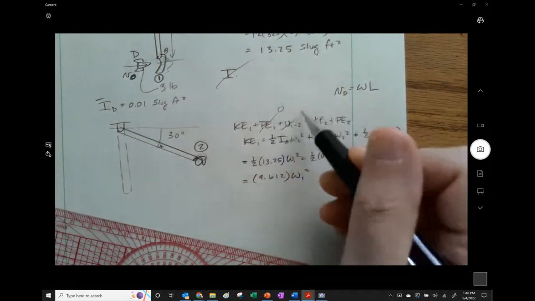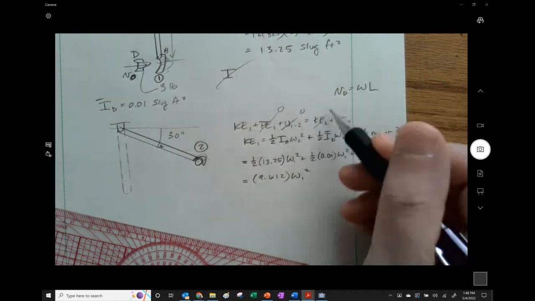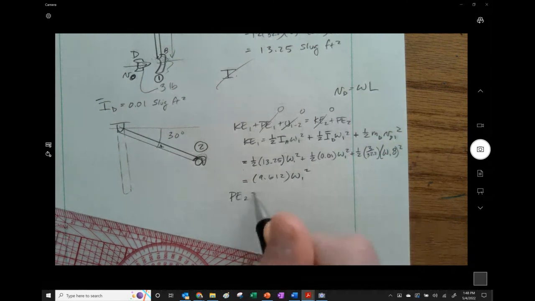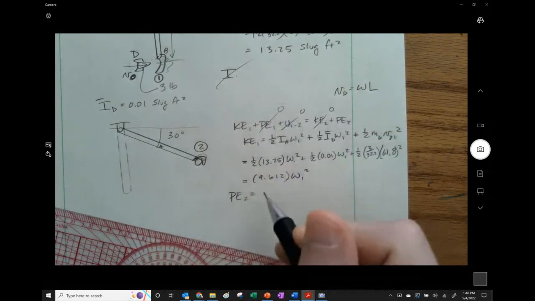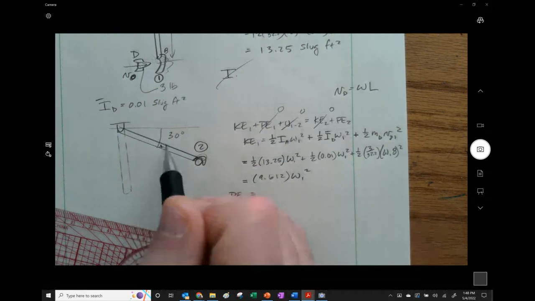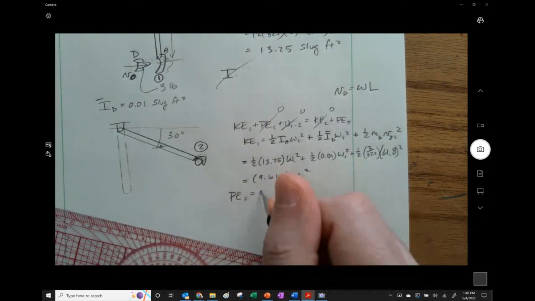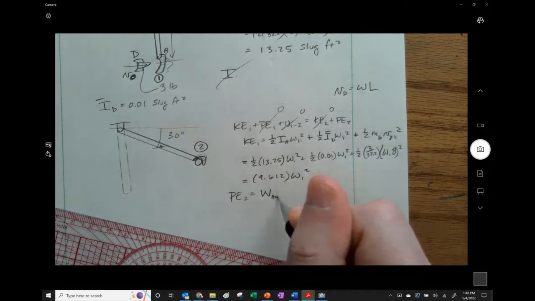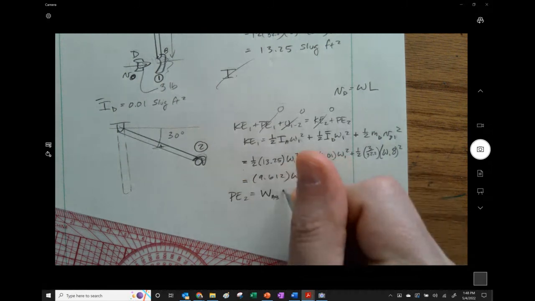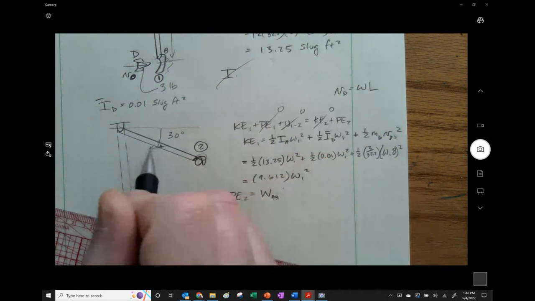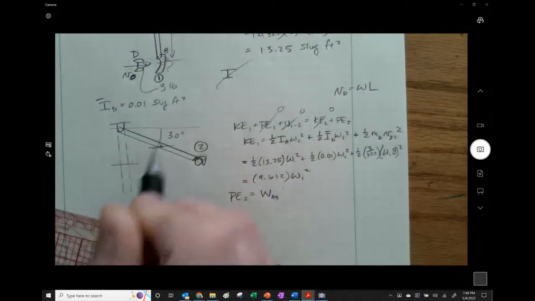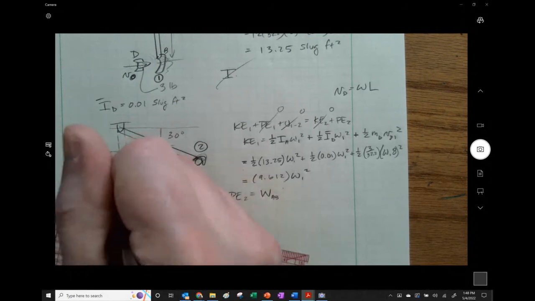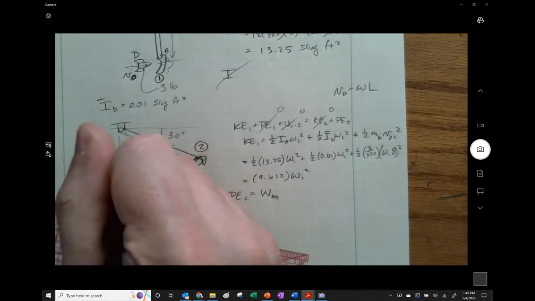PE1, we're going to treat that as 0. No work done. And so that's going to be 0, right? So we don't need to write all those. PE2 right here. Okay, so that's going to be the weight of AB times this distance right here that's changed, delta Y AB.